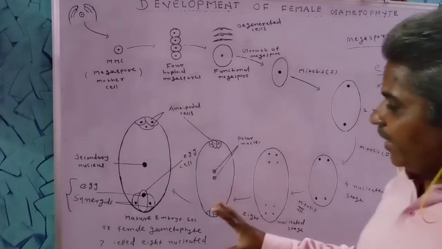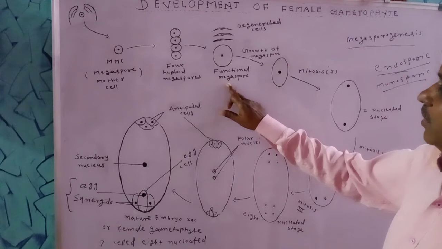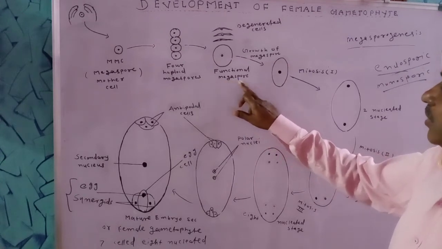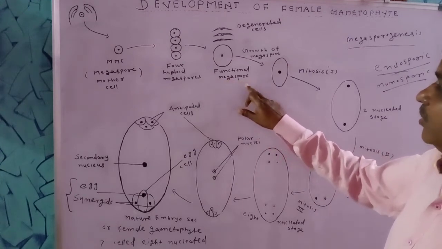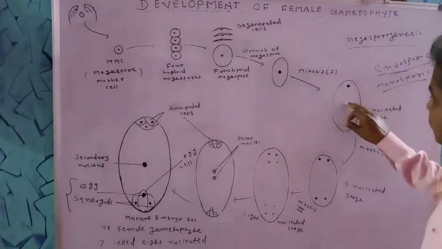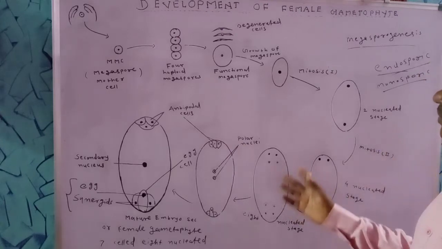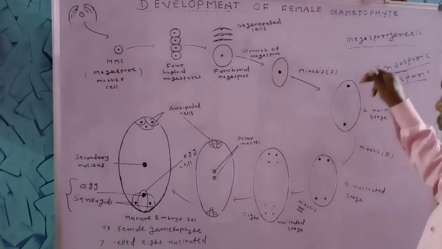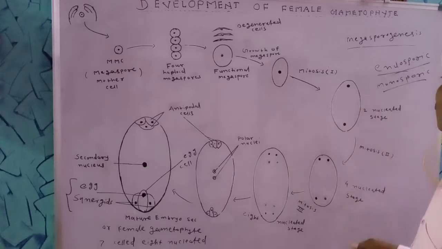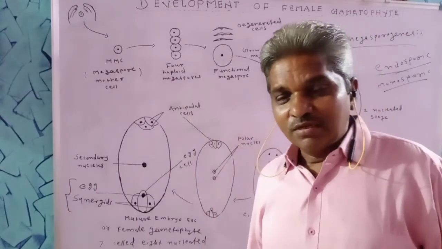So the development of the female gametophyte occurs in the functional megaspore. All these changes, mitotic divisions and so on, occur within the functional megaspore.